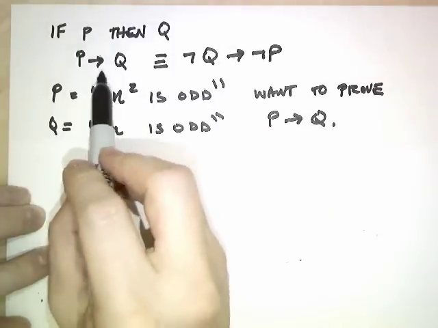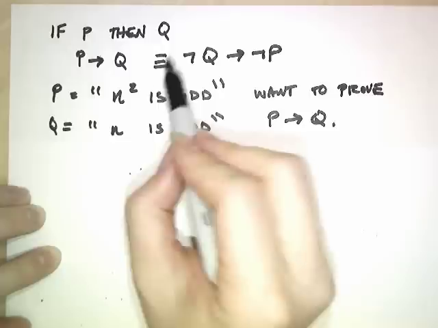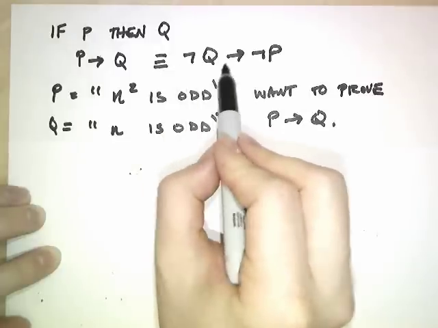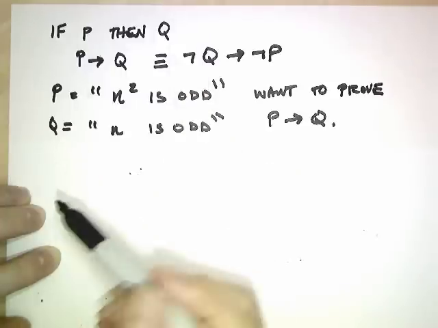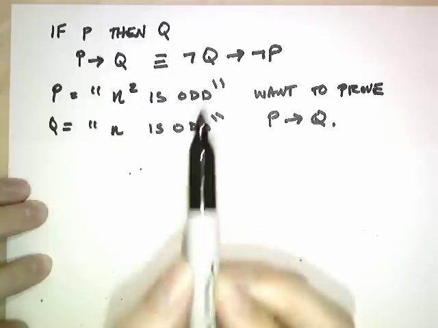And in any event, I would memorize the fact that proving P implies Q is equivalent to proving not Q implies not P. So this gives us a new strategy for proving that P implies Q.